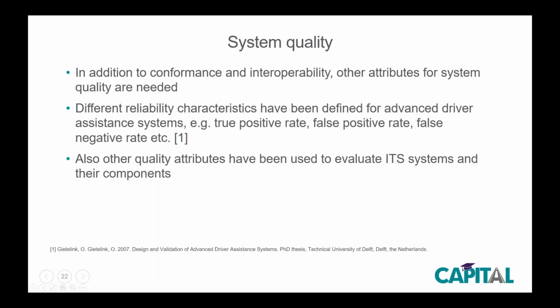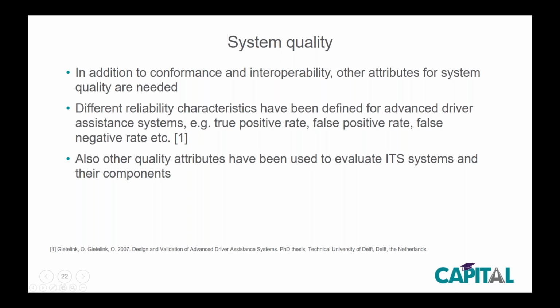Then to system quality. In addition to interoperability and conformance, ITS and CITS systems may also have other relevant characteristics that affect the usefulness of the system and the extent to which the system is able to answer users' needs. For example, this may be related to information quality or service quality.